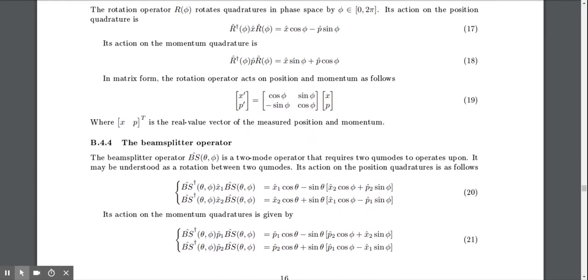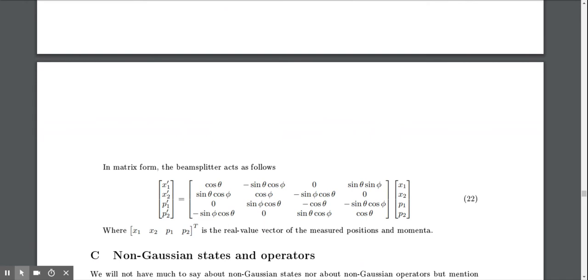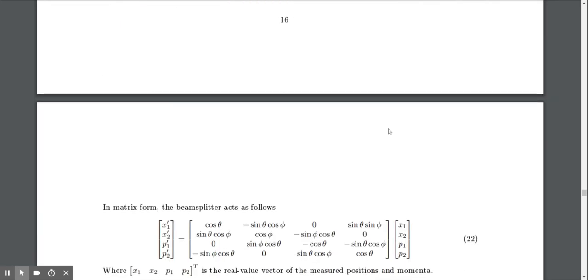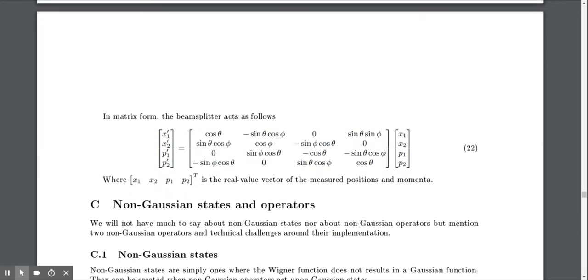So you're controlling a phase rotation of the position as a function of that thing here. There's a bit of an analogy in there. In matrix form, the beam splitter acts. I can't really explain it in technical detail, but there's really an analogy there. That's interesting. So matrix form, got it in here.